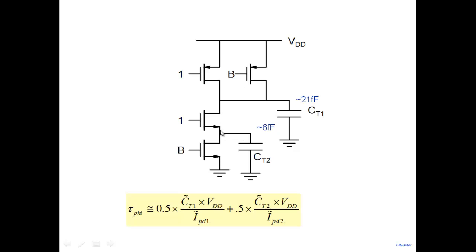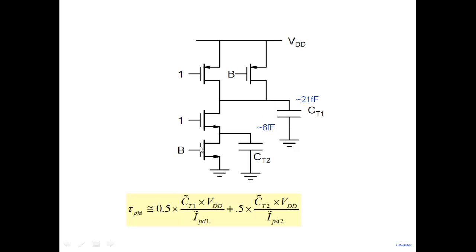It may not reach exactly VDD under reasonable time scales, because the moment this reaches VDD minus VTHN, the transistor sort of cuts off. So it will be charged close to VDD, but not exactly VDD. But anyway, this node is also high and this node is also high.